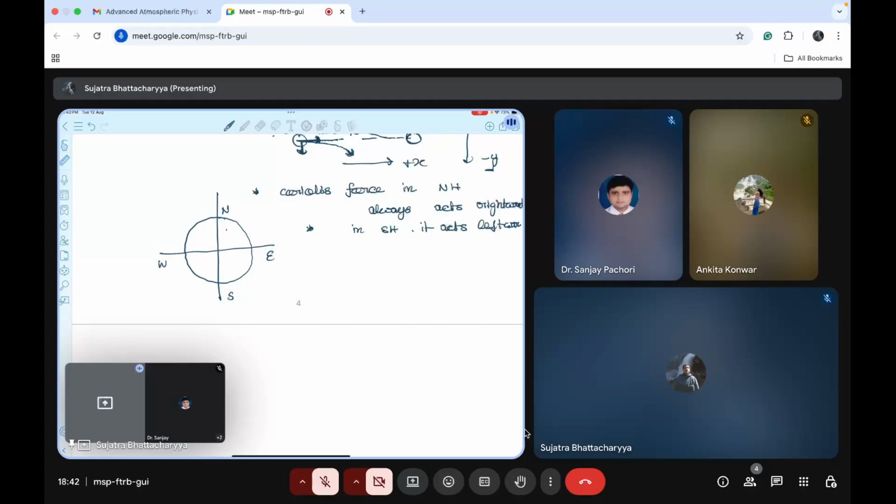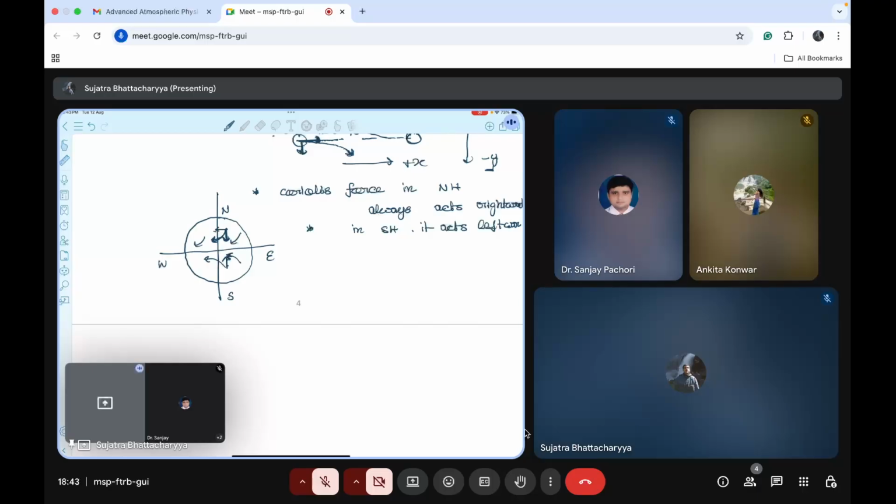Now, if winds are blowing from north to south in the northern hemisphere, where should the Coriolis force be? It should be to its right. So the wind will never come straight, it will curve like this. Similarly, from south to north in the southern hemisphere, it will be like this, to its left. Just remember this; it can be understood using mathematics also.